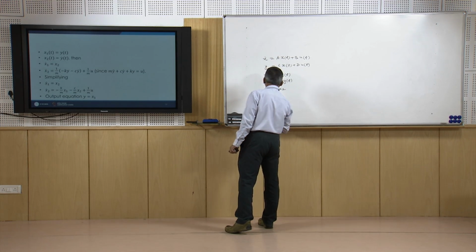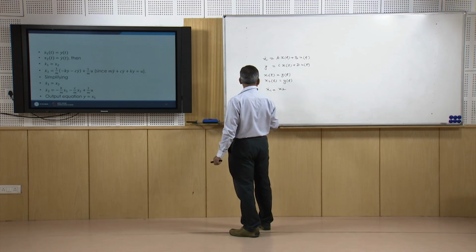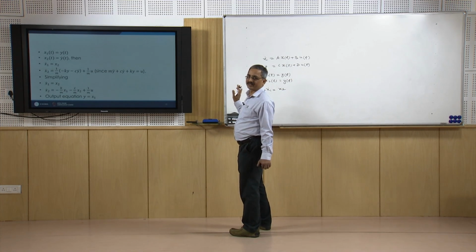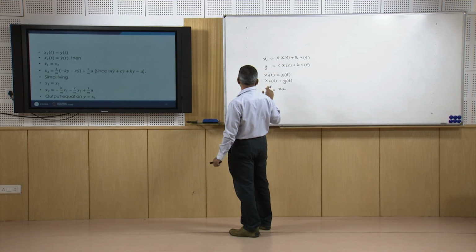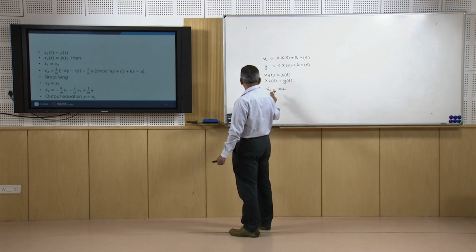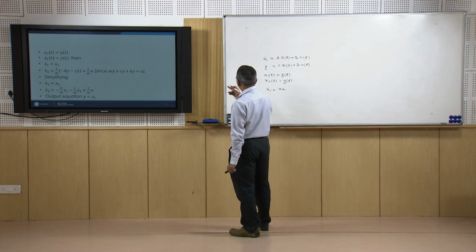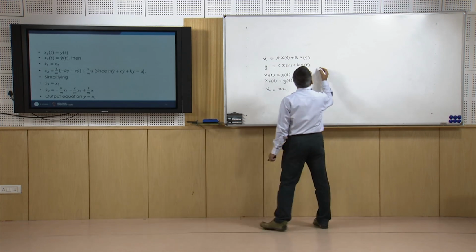So, it is x2. Basically, the right hand side I want to write in terms of states, and my states are x1 and x2. So, that is why I am doing this manipulation.